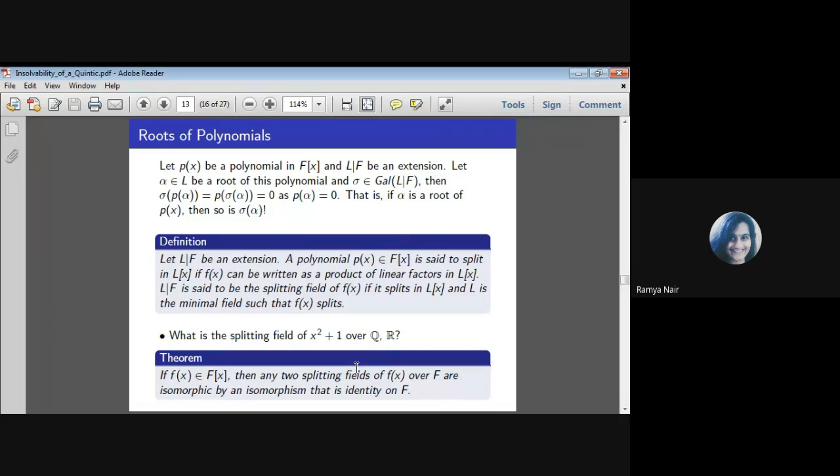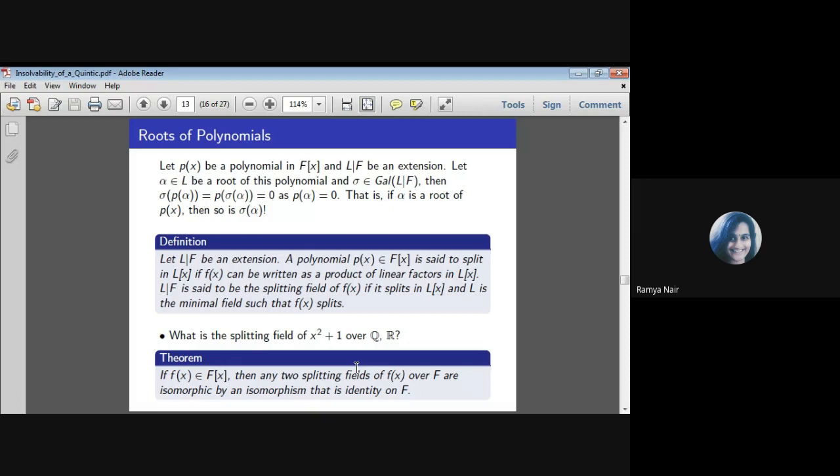What is the smallest field where this polynomial splits as a product of linear factors? Q of root minus 1, exactly. Q of i is where this polynomial splits completely, and that is the smallest field possible. This depends on the base field. So Q adjoined square root of minus 1 is the smallest field where it splits over Q.